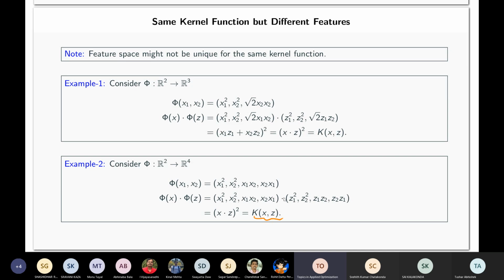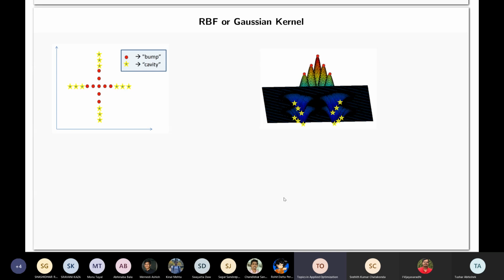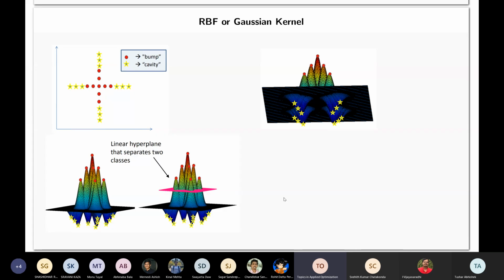So for a kernel, the mappings may be different; the same kernel may be arrived at by different mappings. This is just a property of the kernel. I'm not going into too much of this. You can play with it. Actually, I'm planning to release one assignment on SVM and recommender, so you can do that.